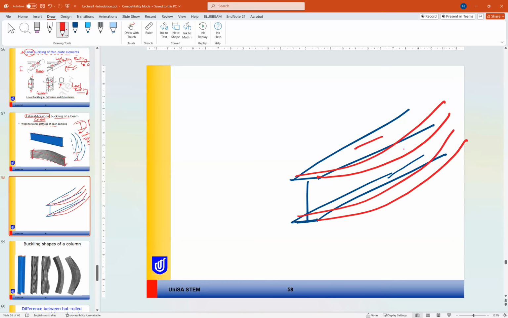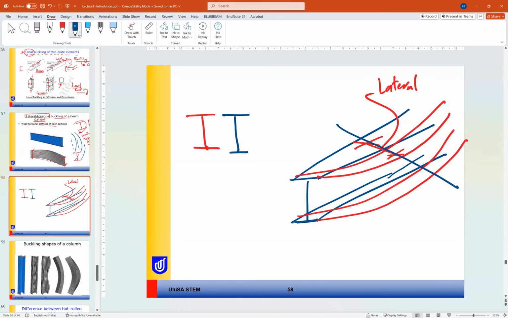So this is the original location and this is the orientation after the lateral torsional buckling occurred. If we make a cut here at mid-span, this is the original and this is after buckling.